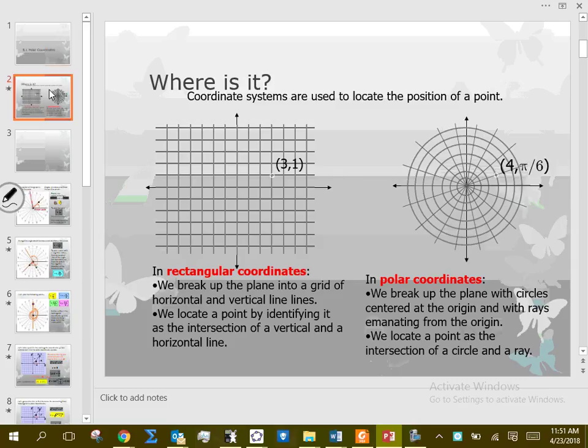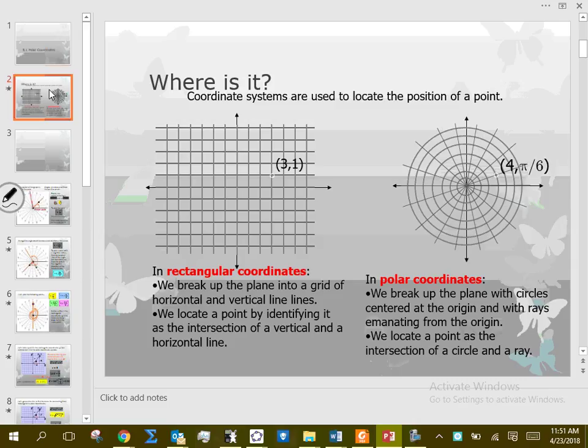Usually we use those rays in increments of 15, 30, those types of degrees. Going 1 degree is kind of crazy. We'd have 360 rays coming out of that thing. That'd be messy. But a point is defined as the intersection of a circle and one of those emanating rays.